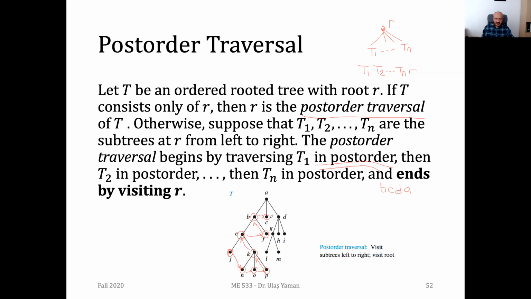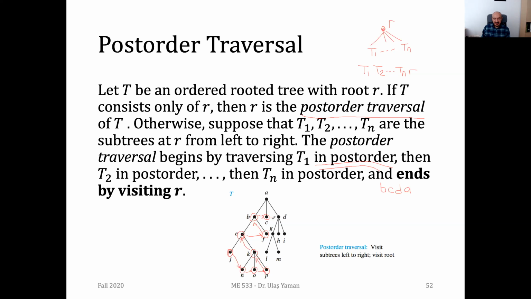C, and then if I come here, I cannot continue with D, right? Since I need to first, according to the rule, visit the children, and then the siblings of that specific child, and lastly, the parent of that group of children.